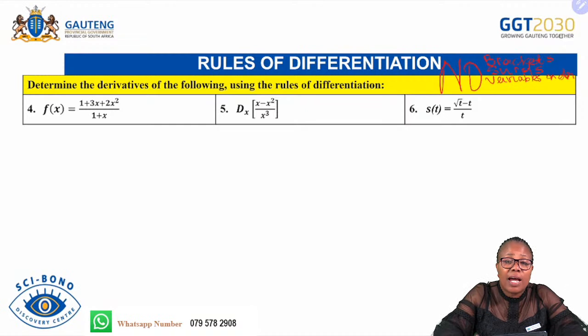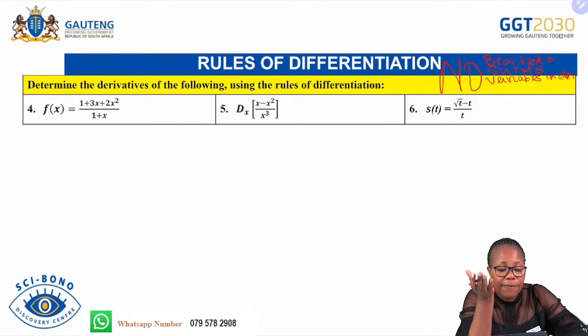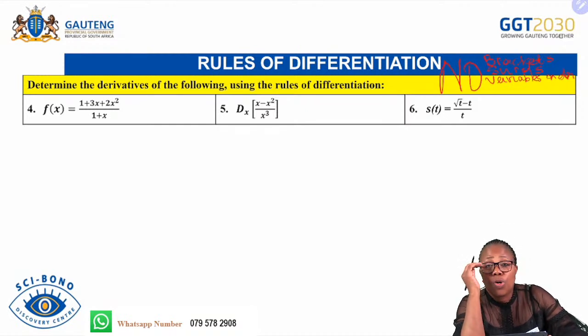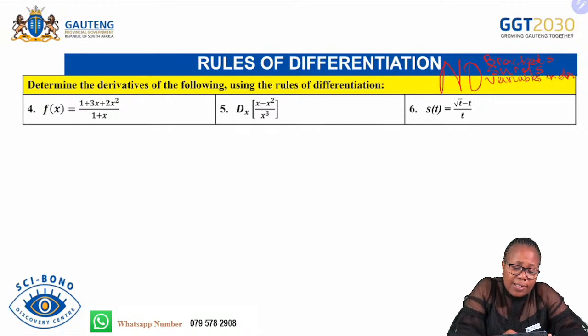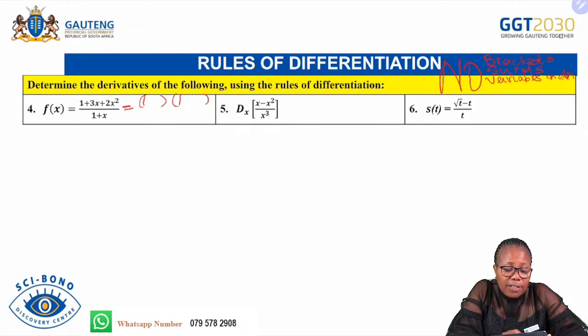In this case, we rather rely on factorization because we see on top we are having a trinomial. Let's see, can we factorize this trinomial now? Factors of 1 will be 1 and 1. Factors of 2 are 2 and 1. That means it will be 2x and an x there. Because everything is positive, this will be plus plus.